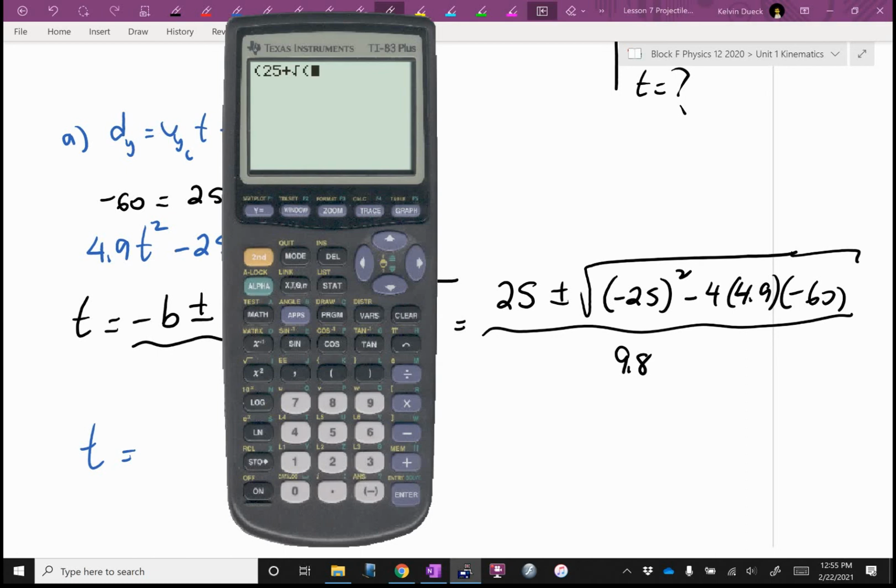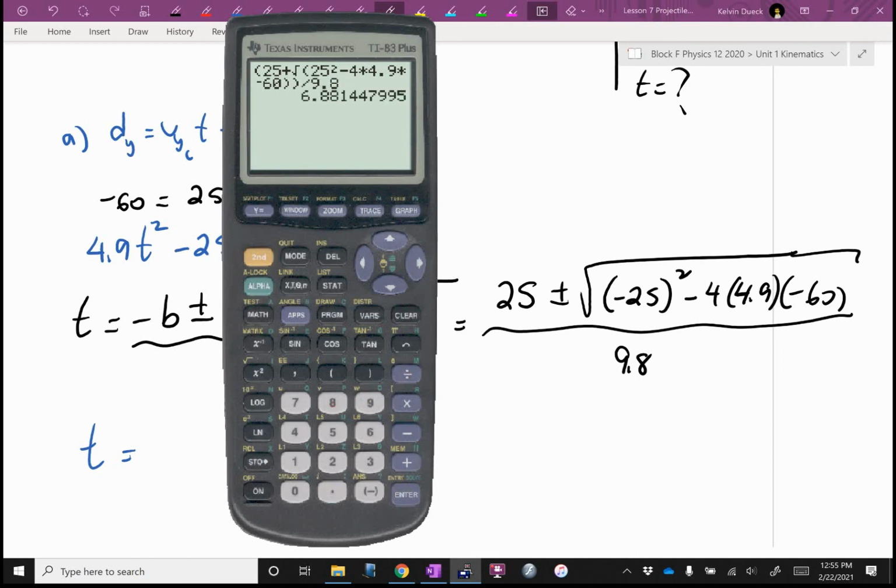What's a negative times a negative? Because I know it's going to cancel, I always write it, I never type it. So I haven't made a typo when I type 25 squared. I'm just that lazy. Close off the square root, close off the top, divided by 9.8.